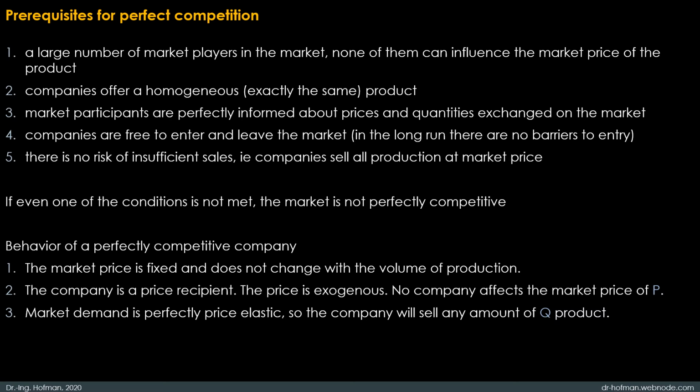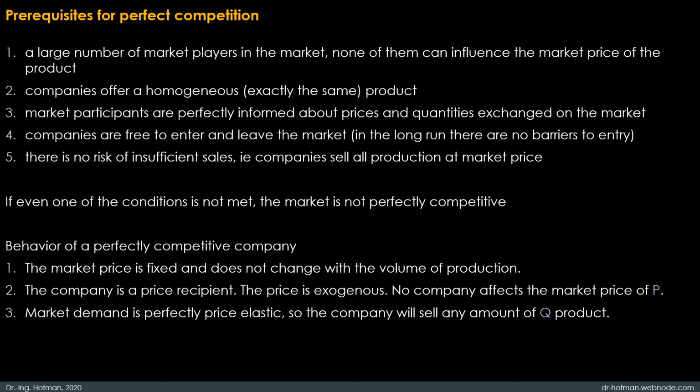The third condition: all market participants are perfectly informed about prices and quantities exchanged on the market. So the level of information is equal for each one in the market.